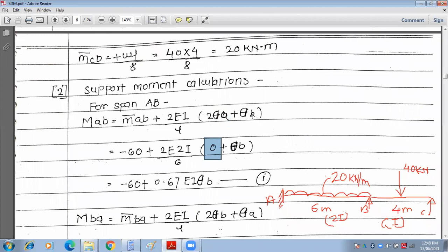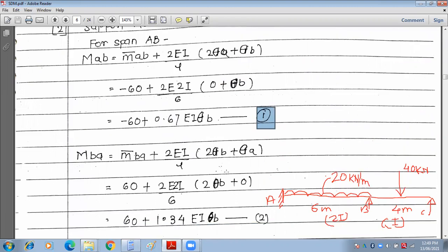And theta B is continuous, therefore it carries a slope, so this value we have to find out. Only if the support is fixed is the theta value 0. Now simplify: this 60 as it is, and this 4 divided by 6 becomes 0.67 EI theta B. Let us name this equation number 1.